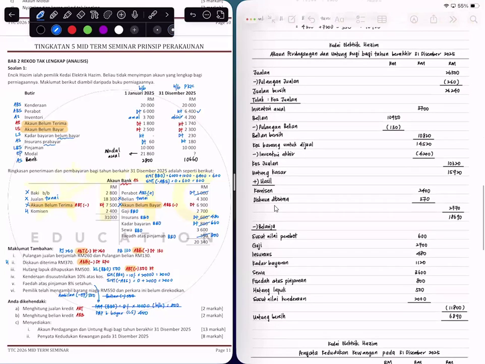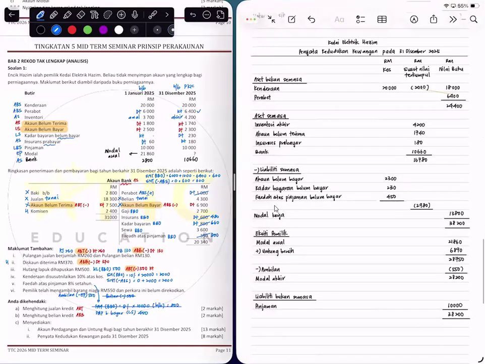And APO. Last part, PKK. Okay, any question for record tak lengkap?